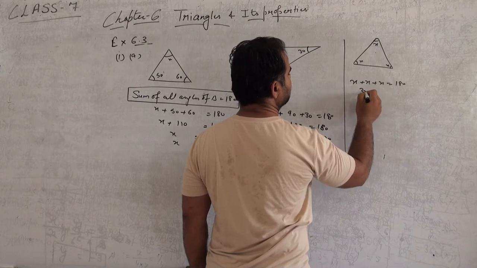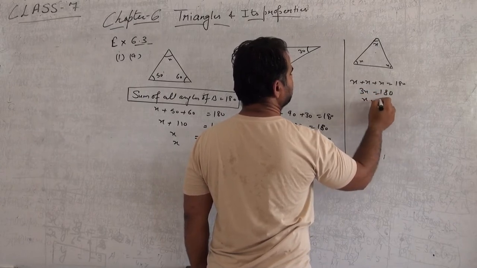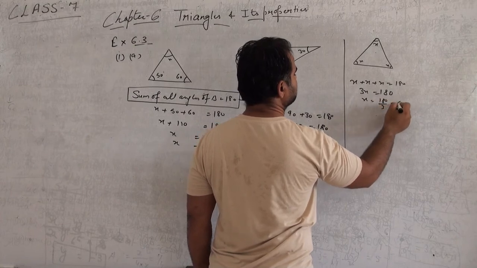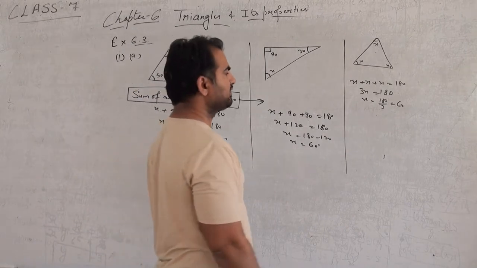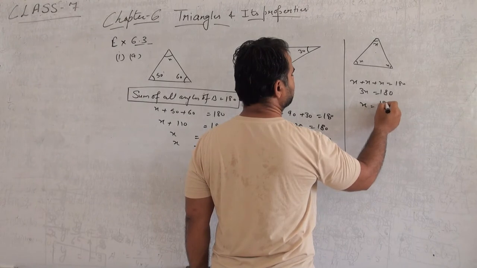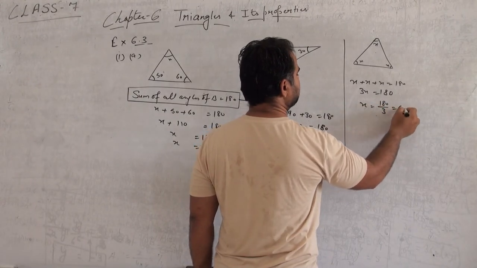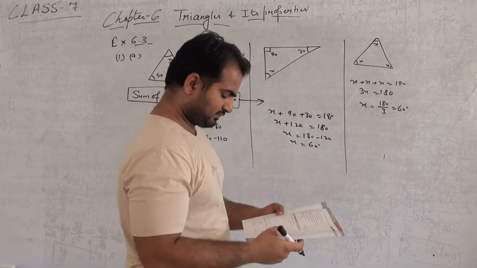So 3x will be 180. X will be 180 upon 3 equals to 60. So all the angles are of 60 degree. This one is 60, this one is 60, and this one is also 60.